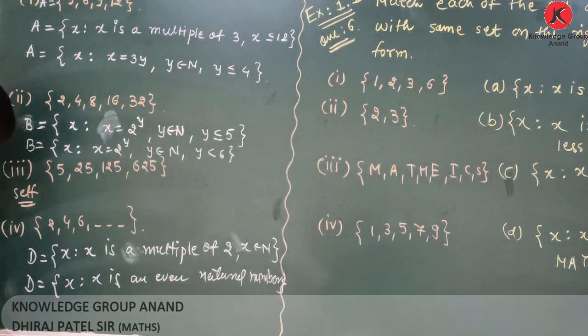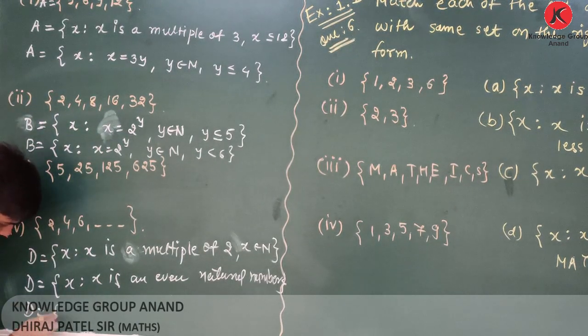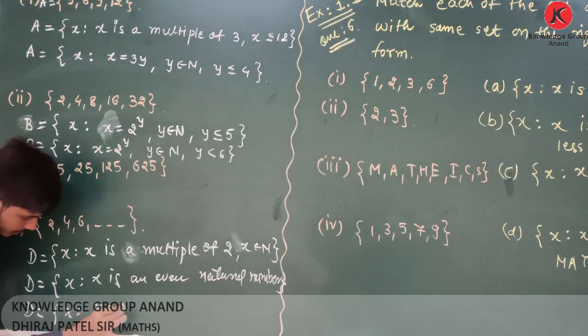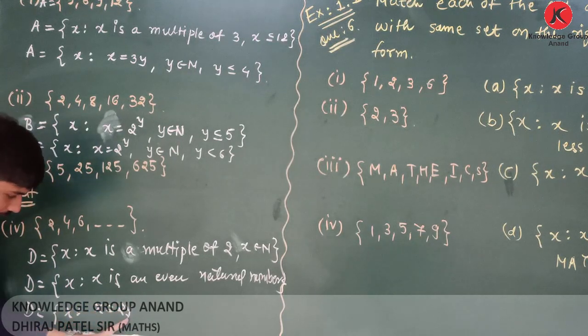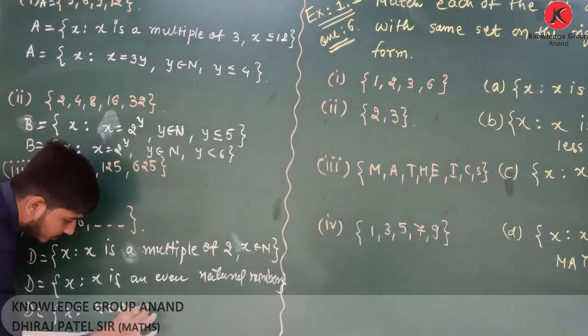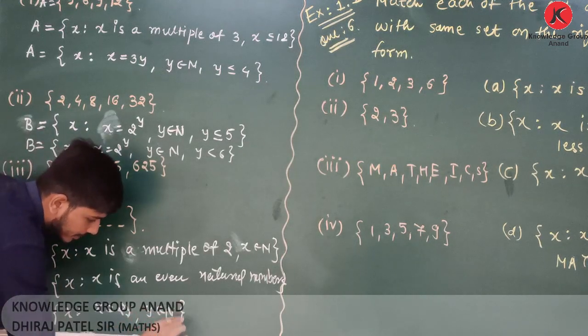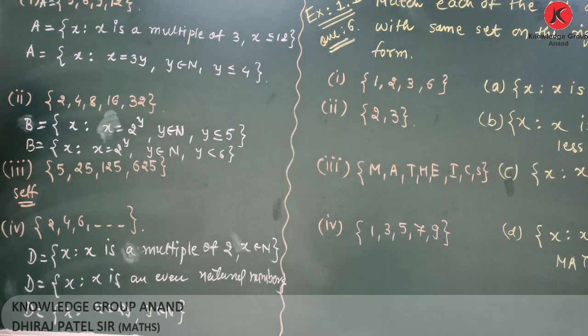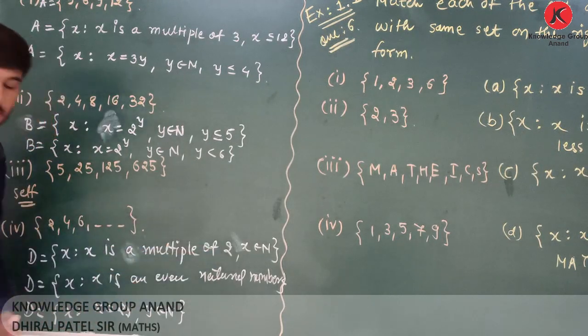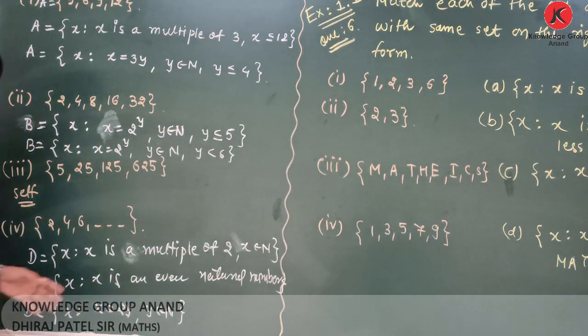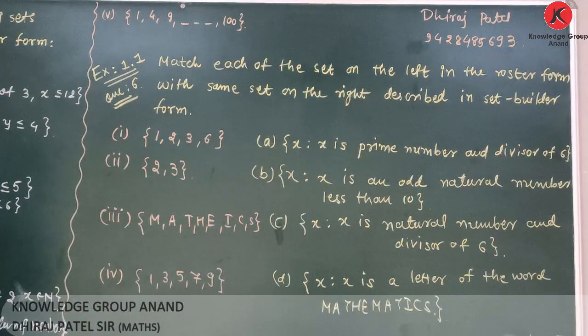Or you can write mathematically x such that x is equal to 2y, 2 times y, and the condition for y is y belongs to N. No need for less than 5 or less than 6, because they are infinite. Clear? So this is the fourth question.